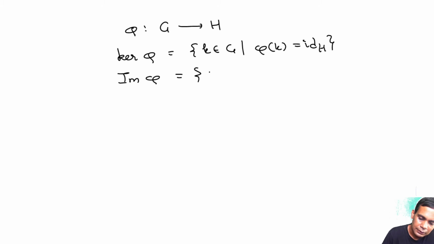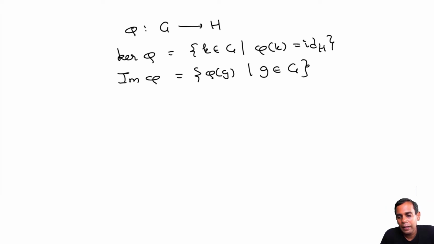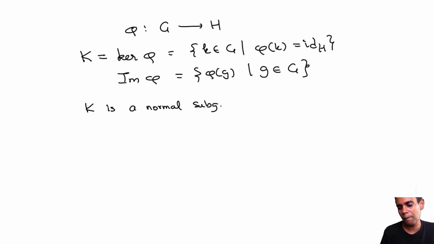This is the set of phi of g where g is in G. I'm going to call the kernel K here for brevity. We've seen that K is a normal subgroup of G.